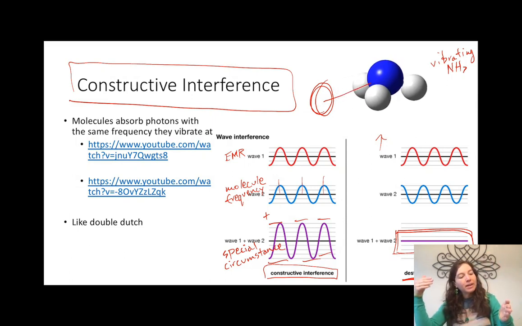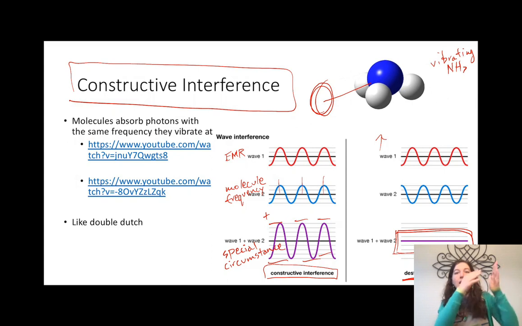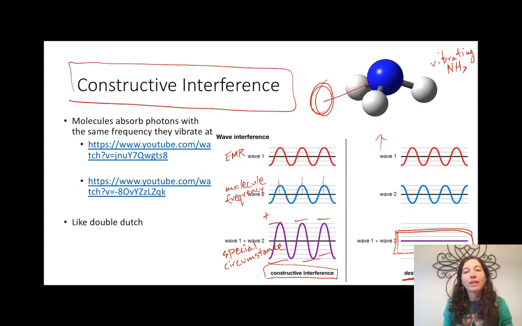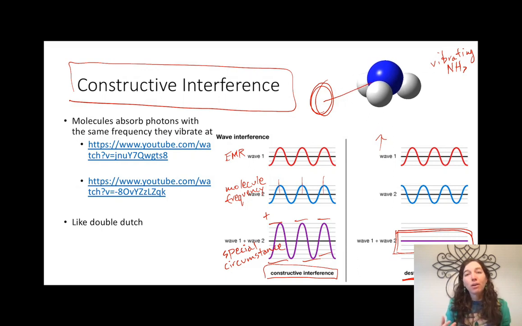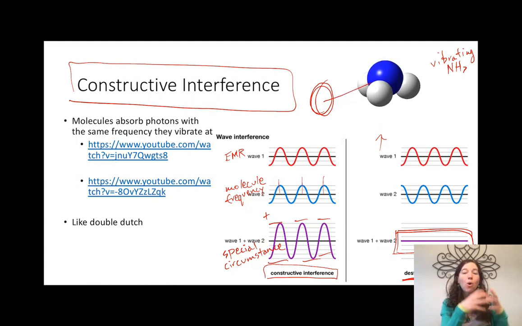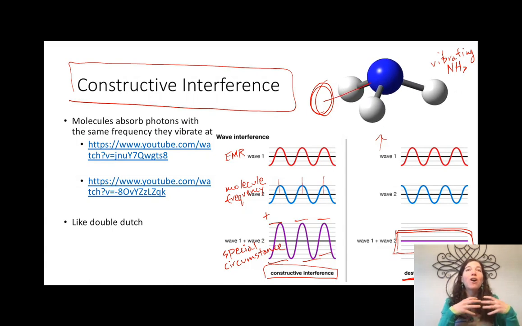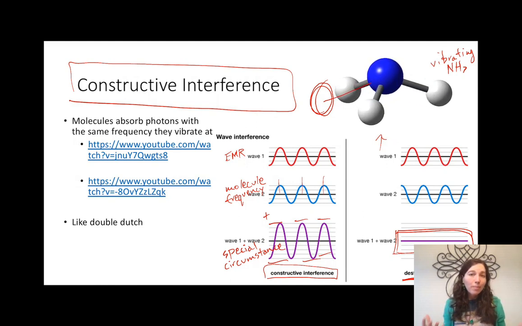And for that electromagnetic radiation to get inside that molecule and interact with it, it has to have the same frequency. It has to jump with it at the same pace. And so that's what's happening here with our electromagnetic radiation and our molecules. That's why they vibrate, because they're literally getting inside of the molecules, which helps them hold on to that energy, which causes that energy to heat up our atmosphere and cause things like greenhouse gases to warm up the Earth.